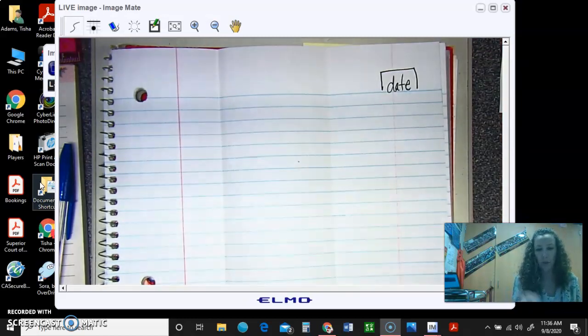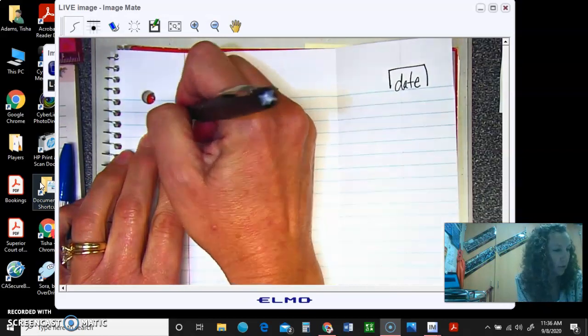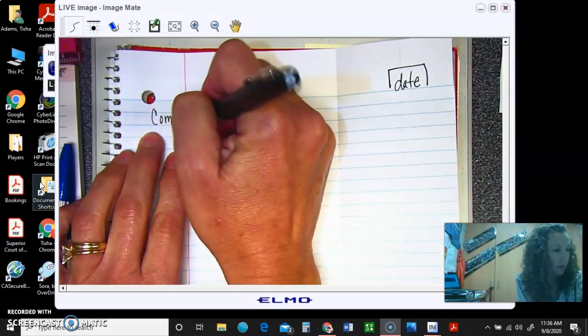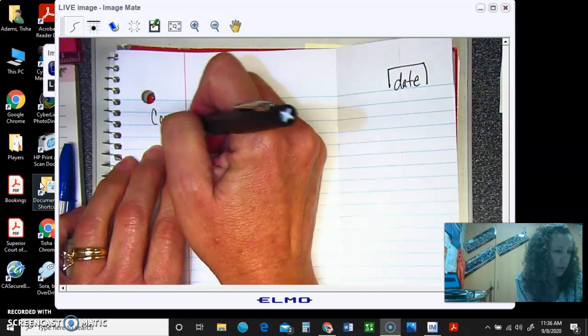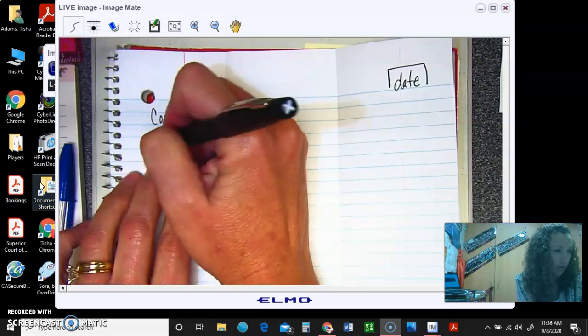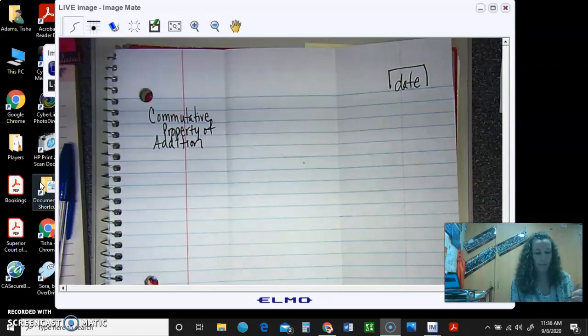Okay, so the first column is our term, our word. So we have commutative property of addition. Okay?